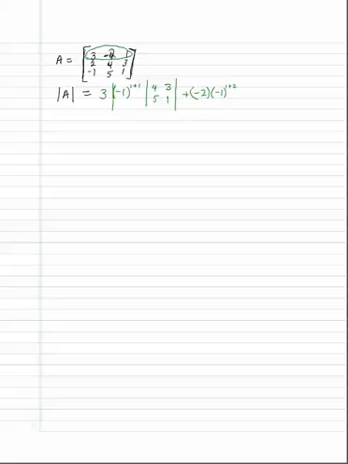So cross out the row and the column, row 1, column 2, so we're left with 2, negative 1, 3, 1, plus 1 times negative 1 to the 1 plus 3 times the minor. So we get 2, negative 1, 4, 5.